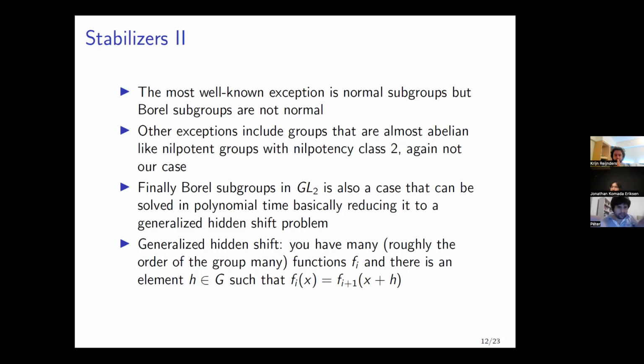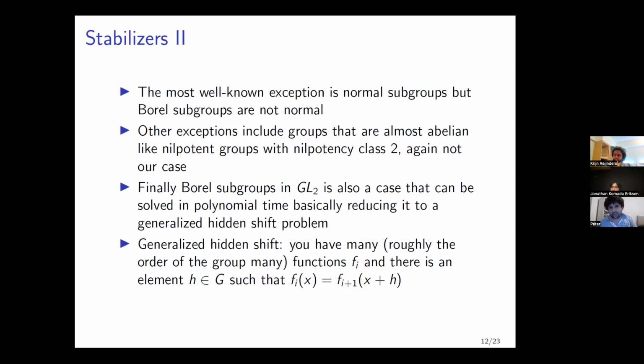And then the reduction goes to something called the generalized hidden shift problem, which I think on its own is also quite interesting in a cryptography context. Probably everyone has heard of the hidden shift problem: you have two functions from an abelian group to a set, and those are shifts of each other if f(x) is g(x) plus h.